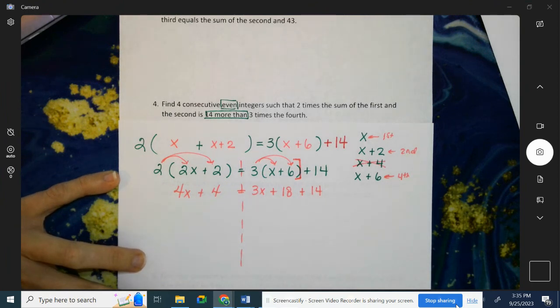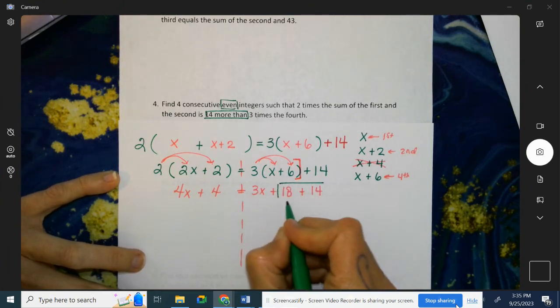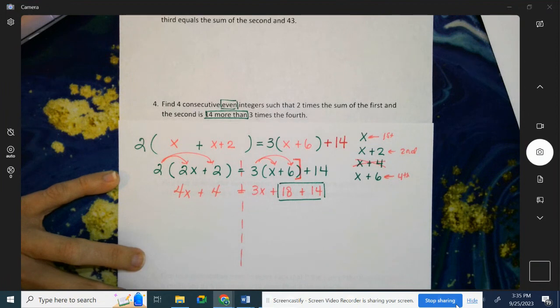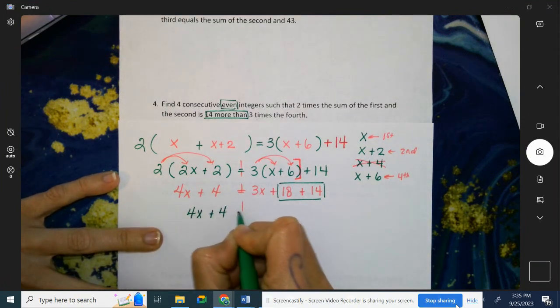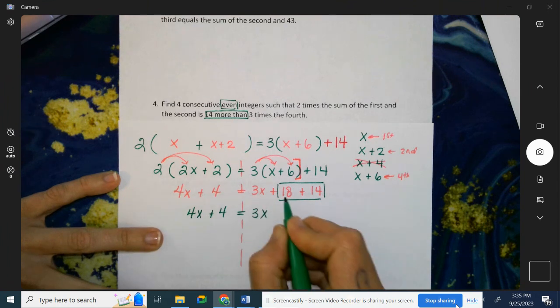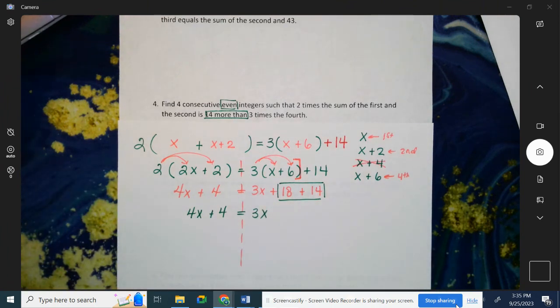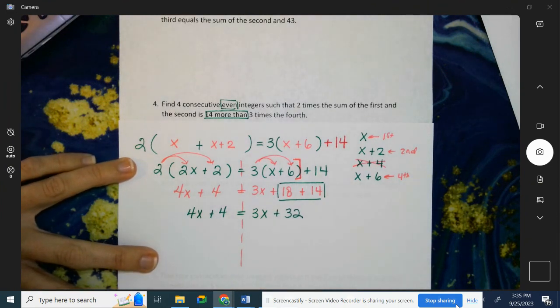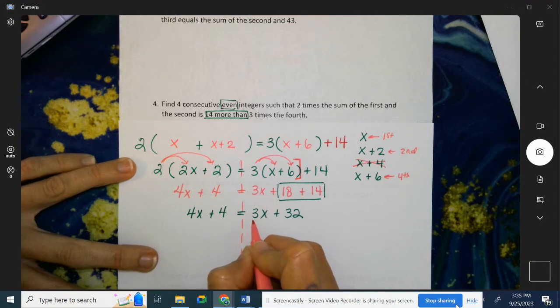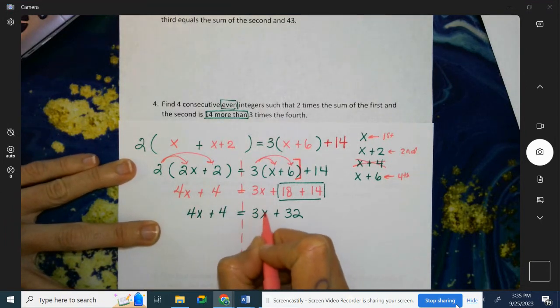Again, at this point, check both sides and see if you can clean up. Combine like terms before you start crossing across the equal marks. So 4x plus 4 is pretty simplified. We have 3x and we have 2 constants, so we're going to add those together, and that's 18 plus 14. Gives us 32. I always work towards the positive x because I like to avoid negatives as much as possible, and having 4 x's is more than having 3.